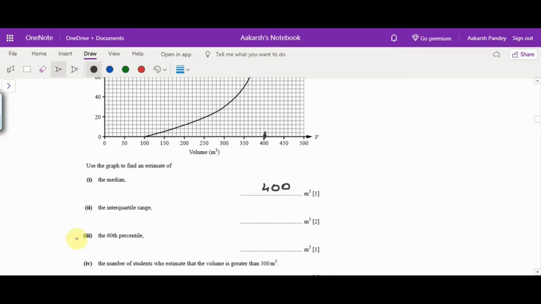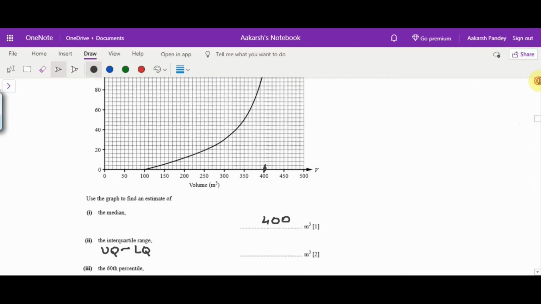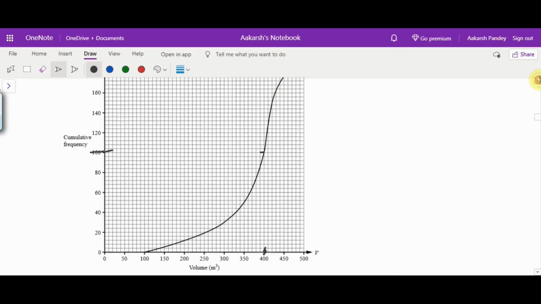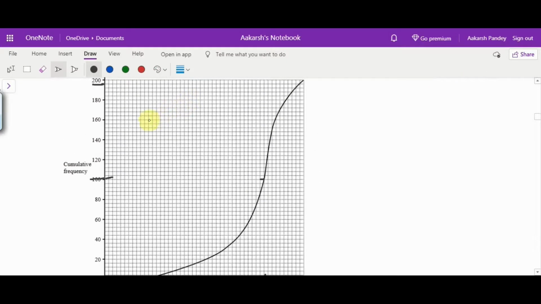Now interquartile range is nothing but upper quartile minus lower quartile. In a similar way as we calculated the median at 50%, upper quartile is 75% of the given data. Now because I have 200 values, 75% is 150.